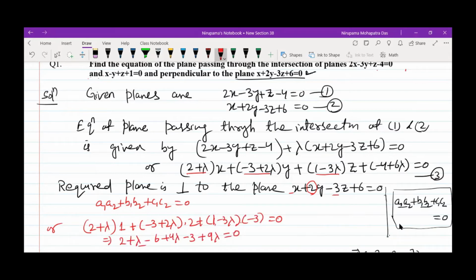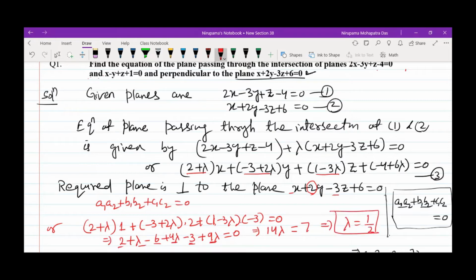So lambda plus 4 lambda is 5 lambda, plus 9 lambda. This implies 14 lambda equal to 2 minus 6 minus 3 minus 9 plus 2, minus 7. It means it equals 7. This implies lambda equal to 7 by 14, that is 1 by 2.